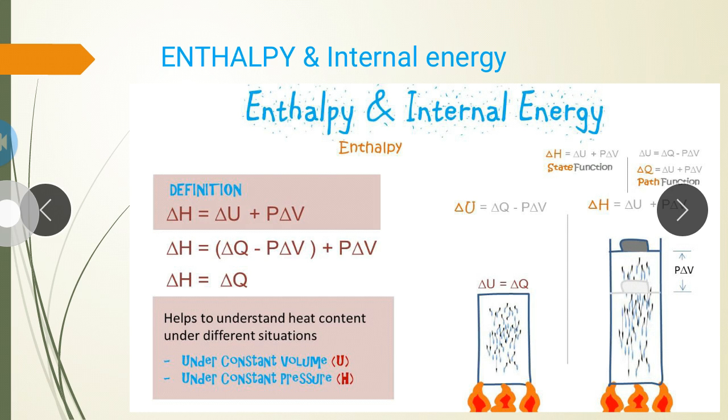Now in the case where change in volume happens like this in this diagram, there will be a value for delta V, and P delta V work done will be the expansion of this gaseous molecule.